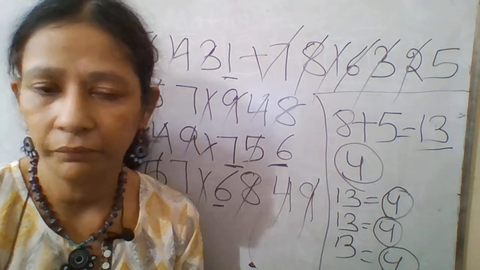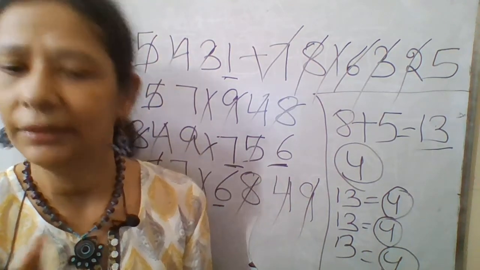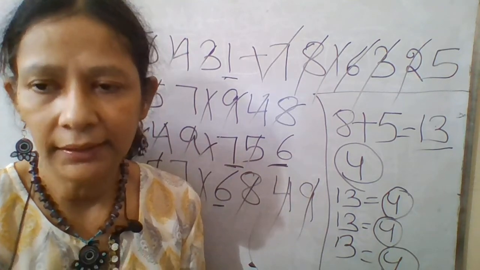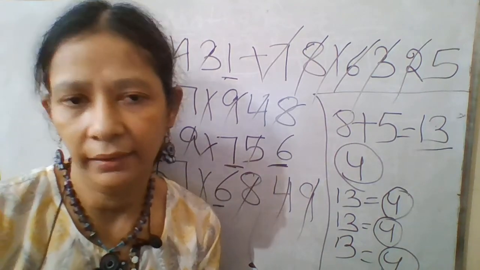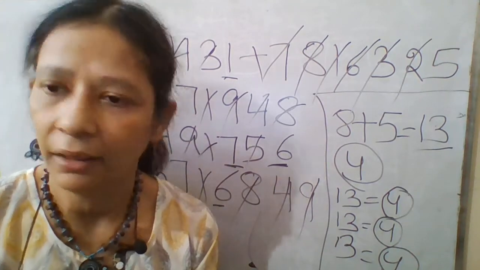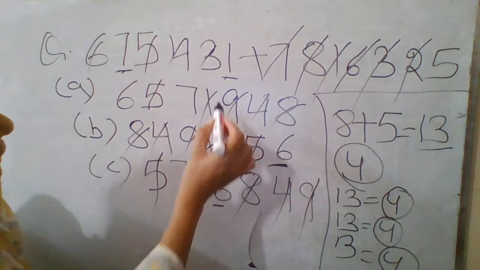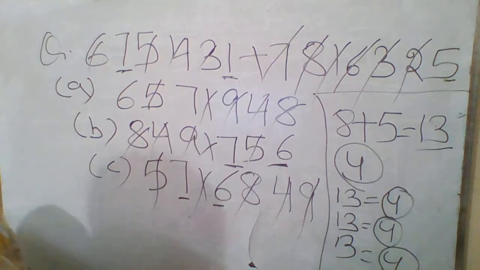What you will do now here, see, you have to be clear with other concepts also. When you are getting the DR same, you can apply the unit digit method. And how it will work, see. Now what is the unit digit here? This is 1, this is 5, and this is the addition.